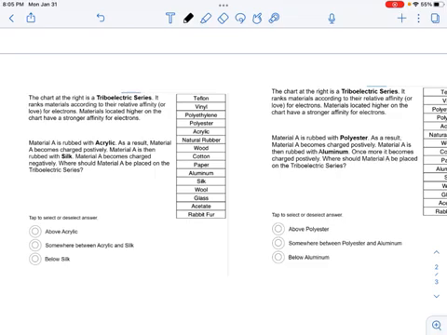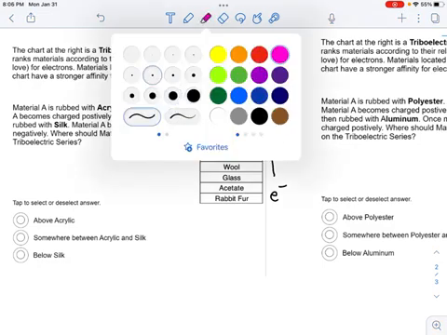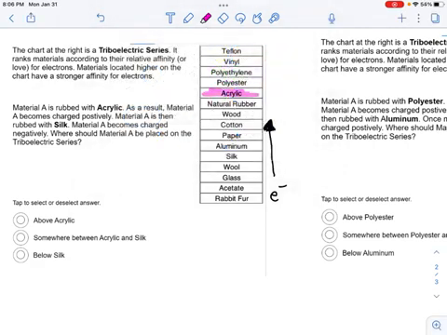Let's take a look at the chart at the right. Now it ranks materials according to their, again, relative affinity. And so remember this, electrons move up the list. They'll move from one object to the next, bottom to the top. So let's say we have material A is rubbed with acrylic. And material A becomes charged positively.